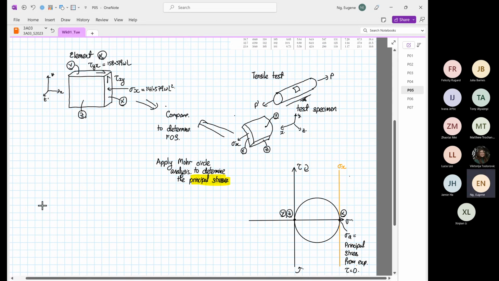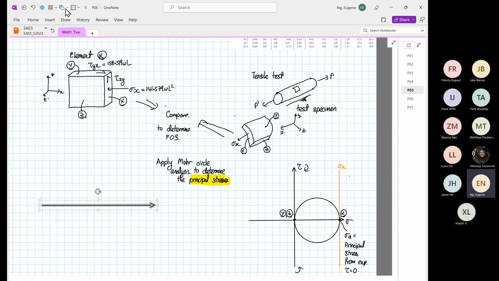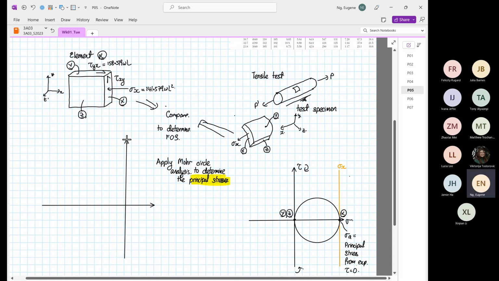So now you have our normal stress. And I'm going to focus on the compression part. And now this is our shear stress.